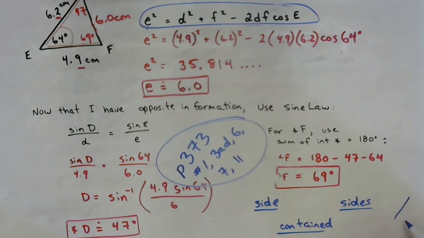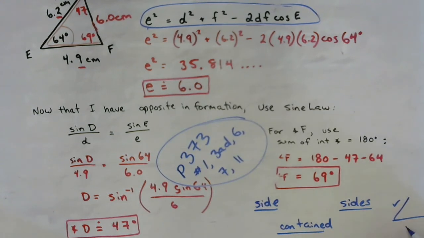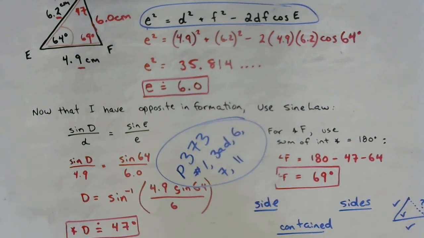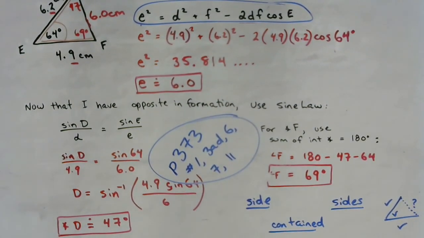What does that mean? It means we know this side and the contained angle. That allows us to solve for this 3rd side. Side, angle, side. All right, practice problems. Enjoy.